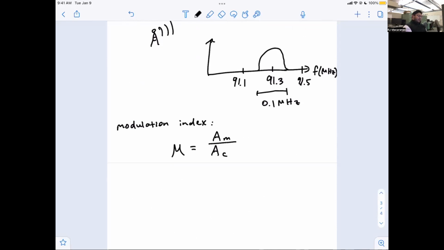And you can begin to think of what happens if this mu becomes greater than 1. Well, then that means that this ratio is above 1, which means that our message is larger than our carrier, which is at the point where we start to see distortion. And in the time domain, right?